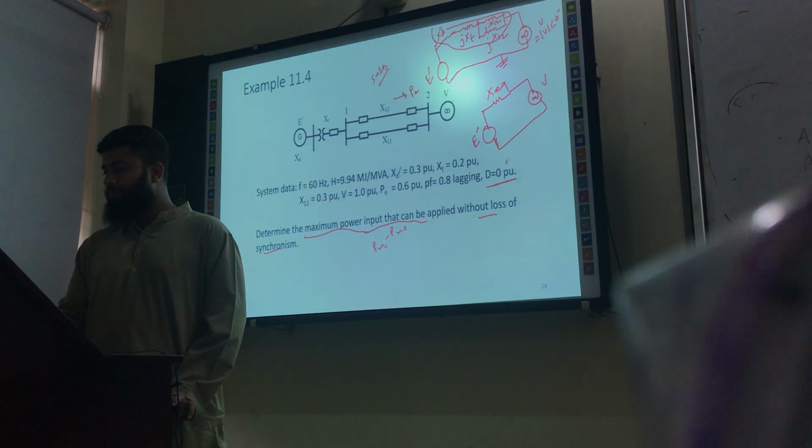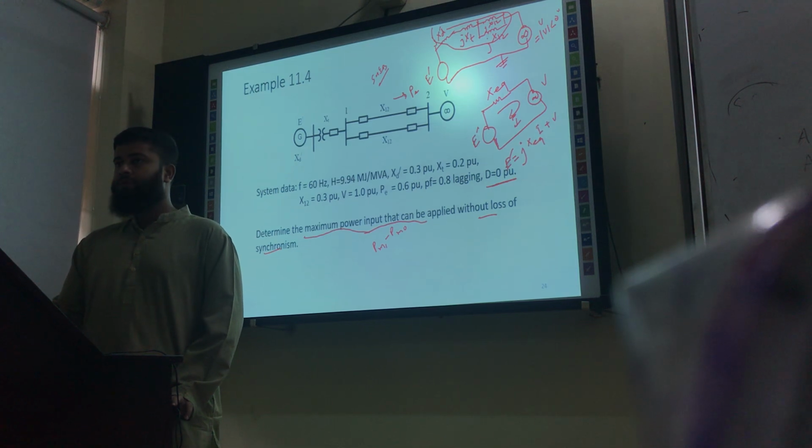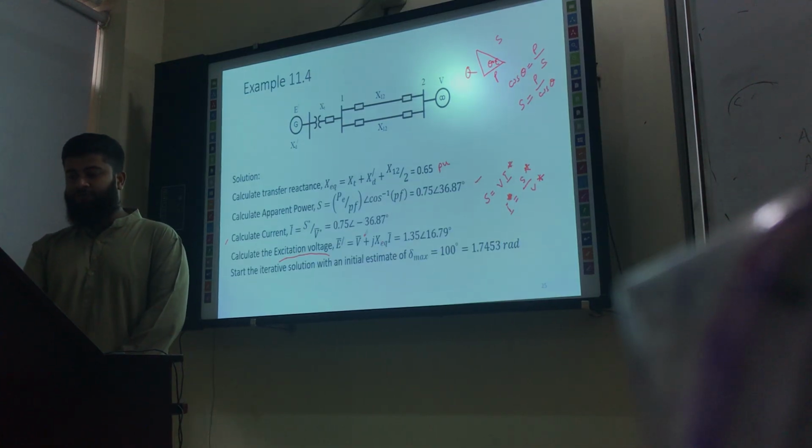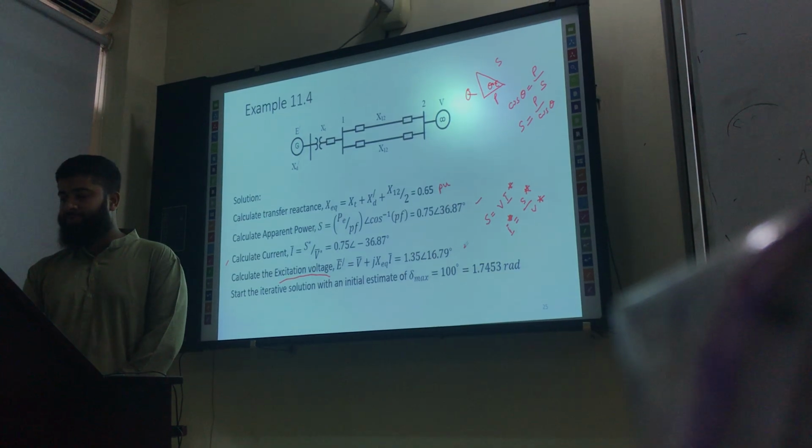So E prime will be equal to the voltage drop across this. If the current is I, it will be jX equivalent times I plus this voltage, right? That will give you the value of E prime. So E prime is V plus jX equivalent times I. If you calculate, you will get this.